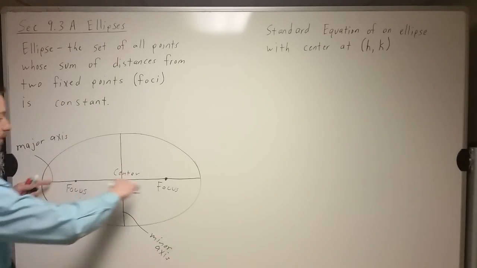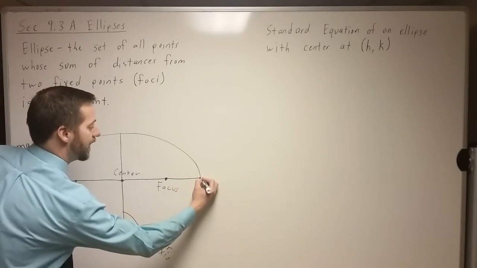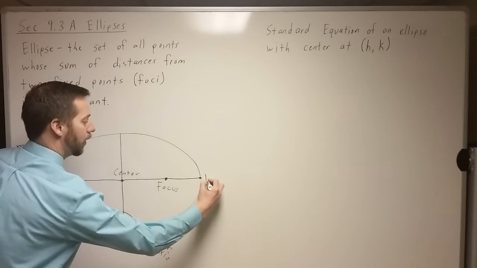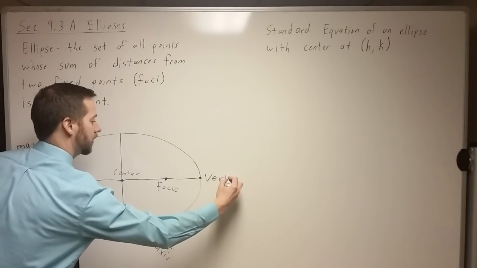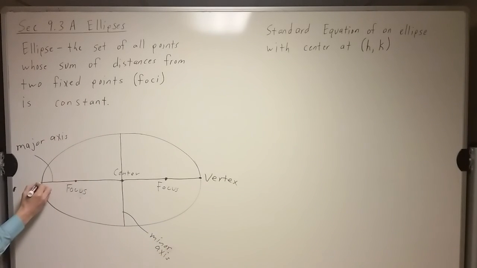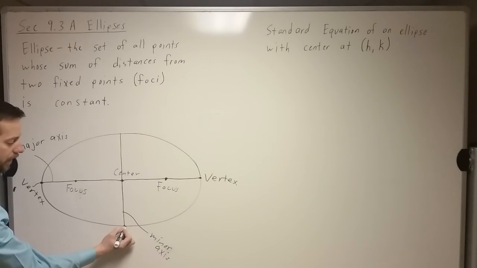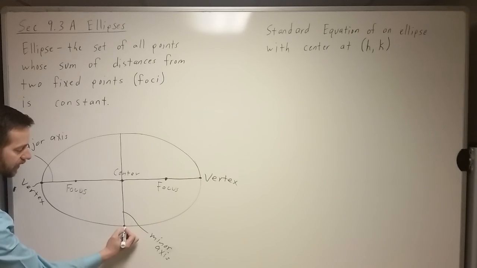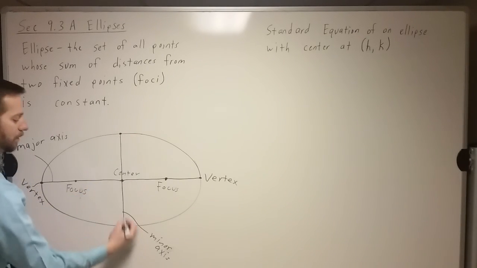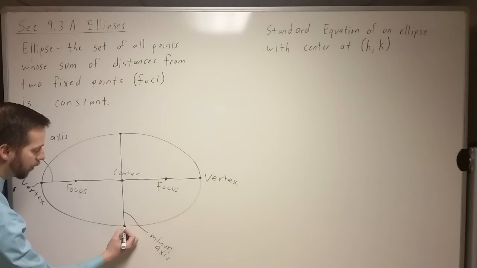So we've got our longer axis, major axis, shorter axis, the minor axis. And the ends of the major axis, where it hits the ellipse, we call those points the vertices. So we've got one vertex there, we've got another vertex over here. So there's a vertex, vertex. And then these places where the minor axis hits, our book doesn't actually name these, but I like to give these a name because they're kind of an important point.